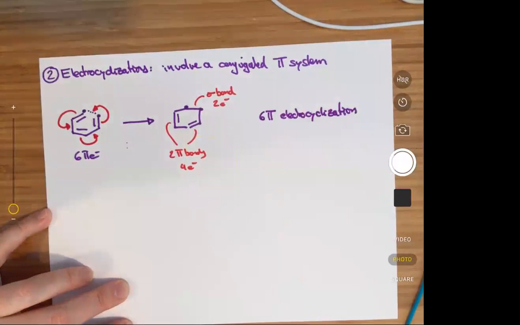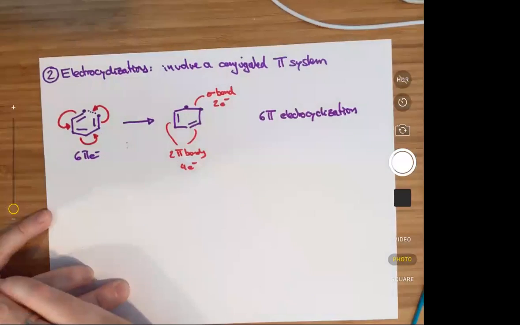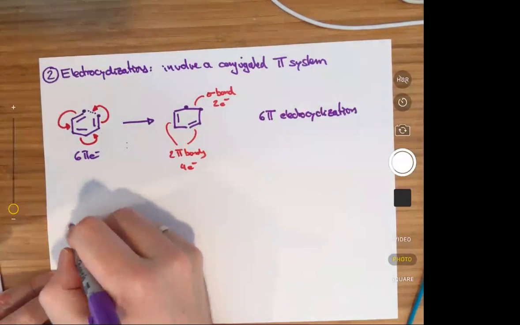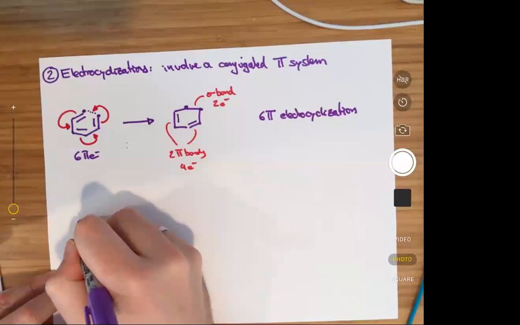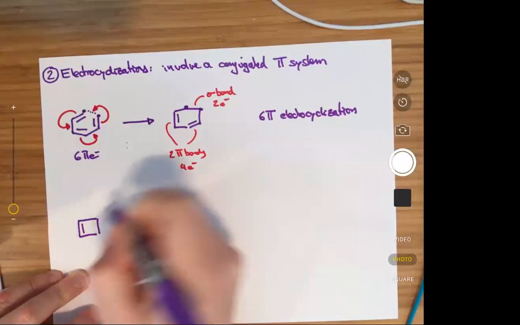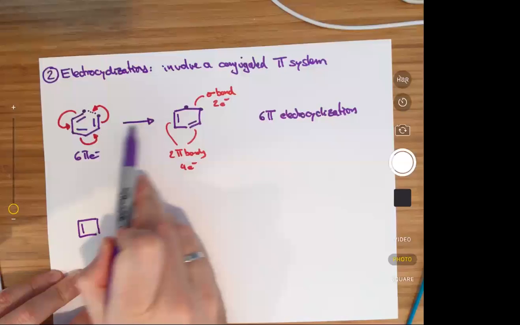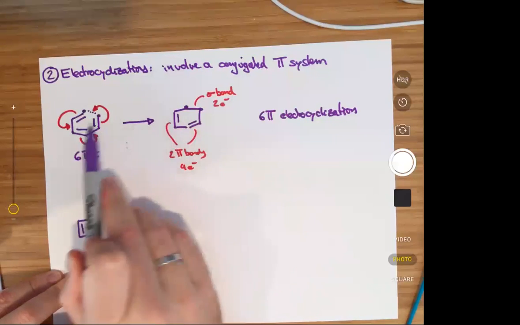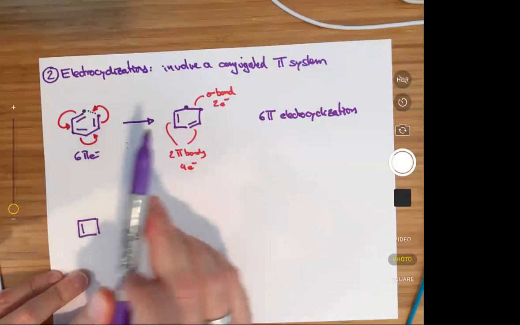All right. Now, of course, there are different variations of this, and I'm just going to give you an example of another electrocyclization. And remember, these reactions can go either way, even though I drew the arrow here predominantly in this direction. The reverse reaction is significantly slower, but it's still possible.